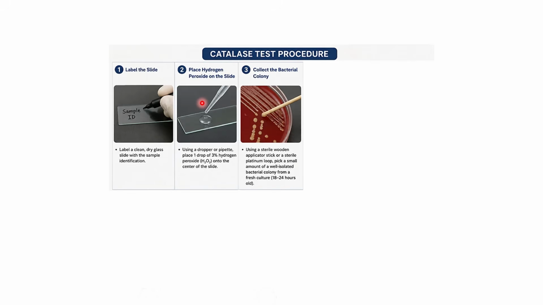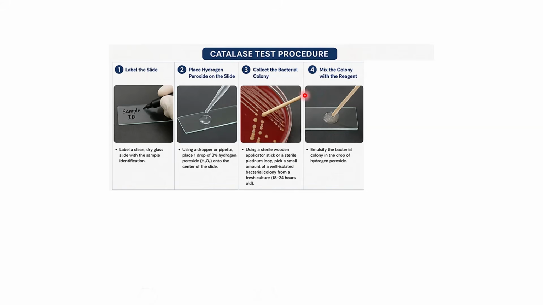The next step is to use a sterile wooden applicator stick or a sterile plastic loop or a platinum loop to pick a small amount of a well-isolated bacterial colony from a fresh culture, which is 18 to 24 hours old.